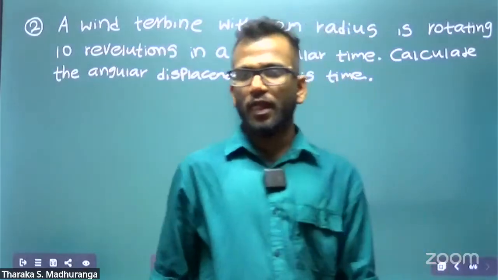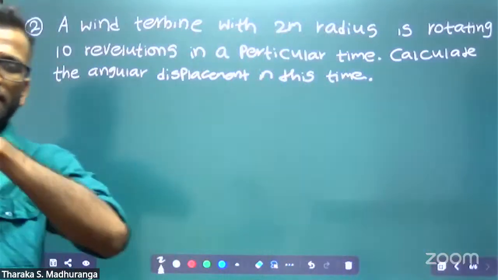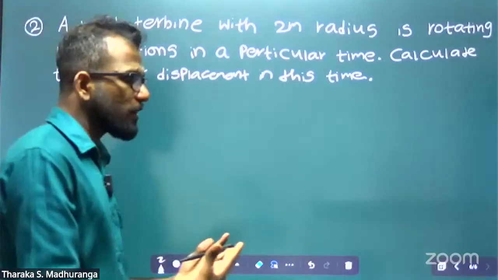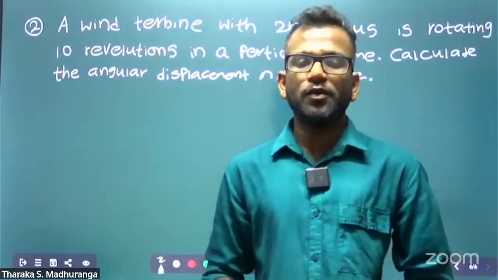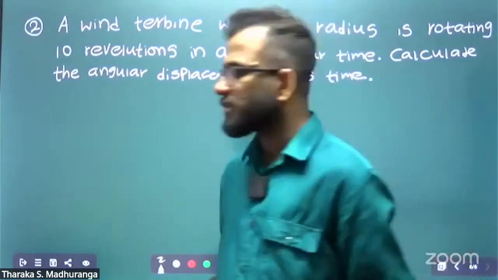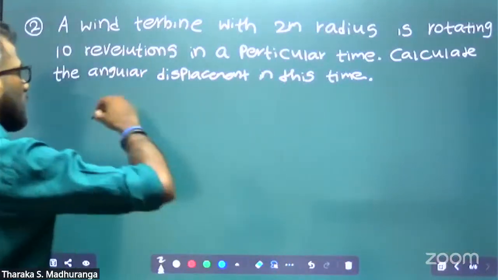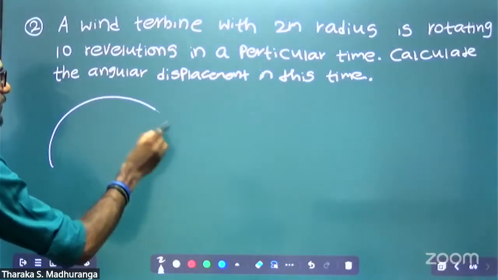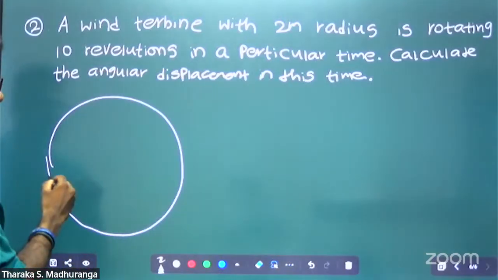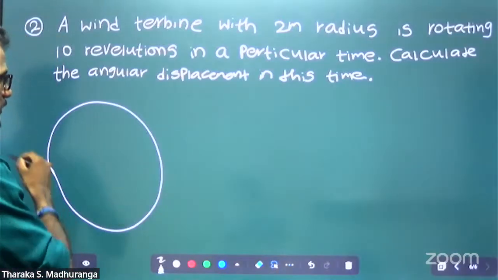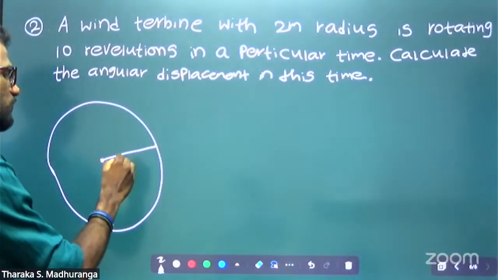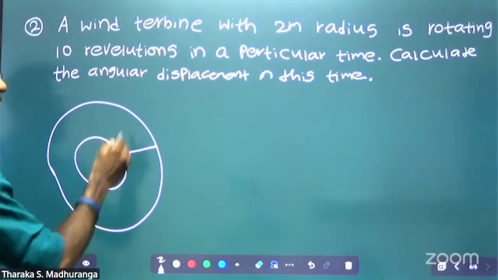What's the answer? Now actually you don't need to calculate it. That's why I told you before to go through the radian and degree relationships again. Think, this is 10 revolutions. If it is one revolution, what is the angle?